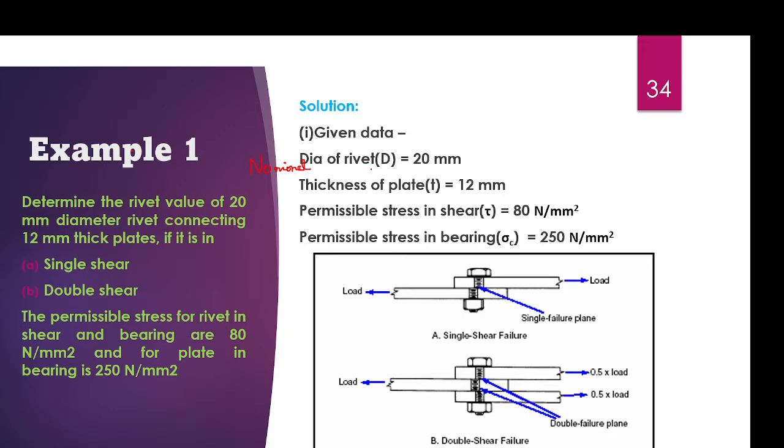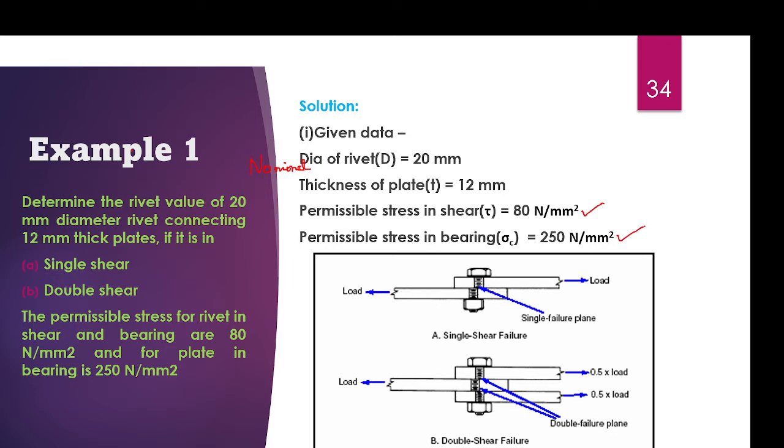Also we are given that the permissible stress of rivet in shear and bearing are 80 Newton per mm square, and for plate in bearing is 250 Newton per mm square. That is permissible stress in shear, which is given by tau, is equal to 80 Newton per mm square, and permissible stress in bearing, which is given by sigma suffix c, is 250 Newton per mm square.